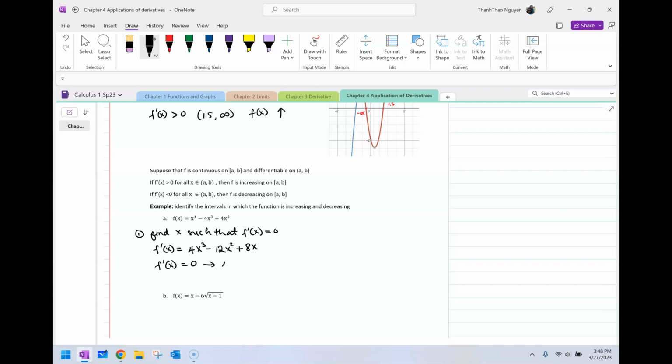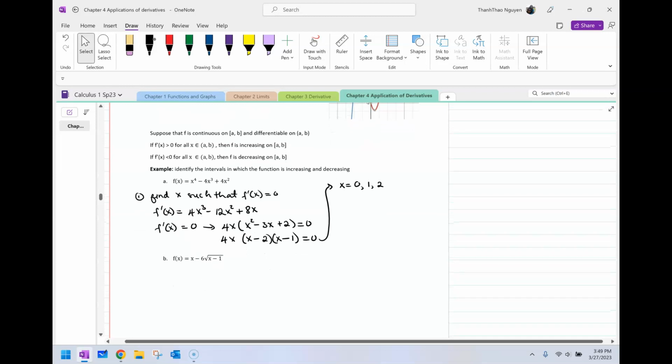That implies 4x times x squared minus 3x plus 2 equals 0. So 4x times x minus 2 times x minus 1 equals 0. So x equals 0, 1, and 2.